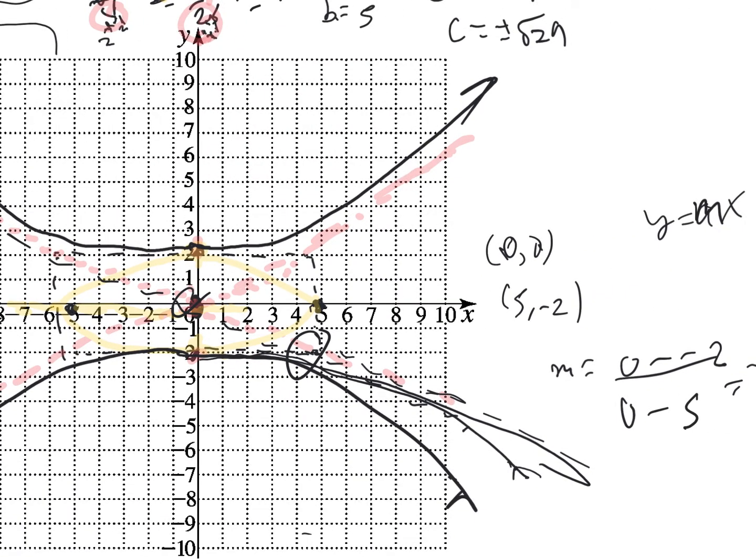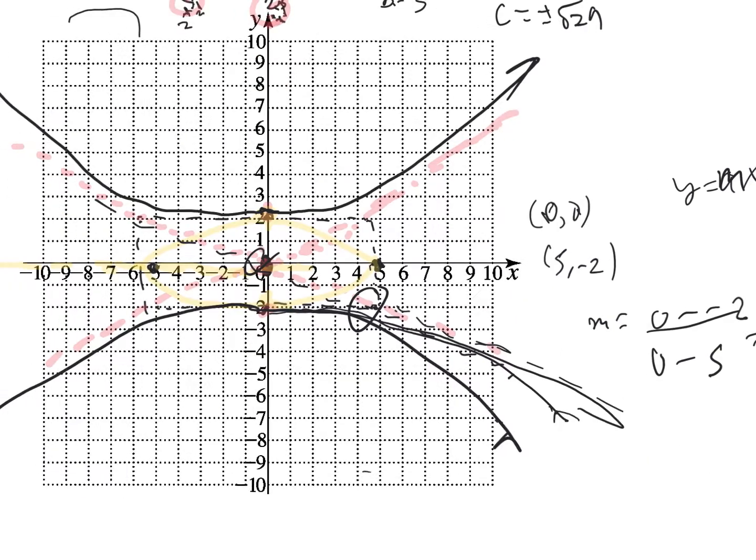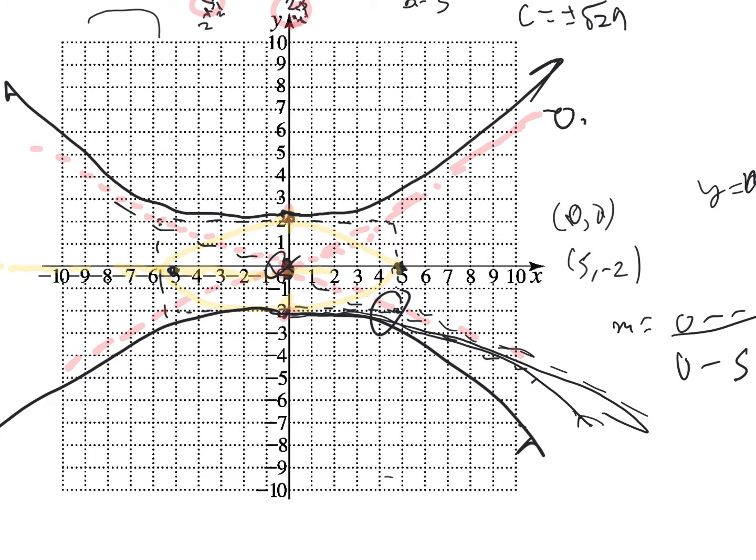What do you think the other asymptote is? I hope that if you say y equals negative 2/5 x for one asymptote, the other asymptote is positive 2/5 x. And let's just try it. Let's use the 0, 0 and we'll use this ordered pair, which is 5, 2. 0, 0 and 5, 2.